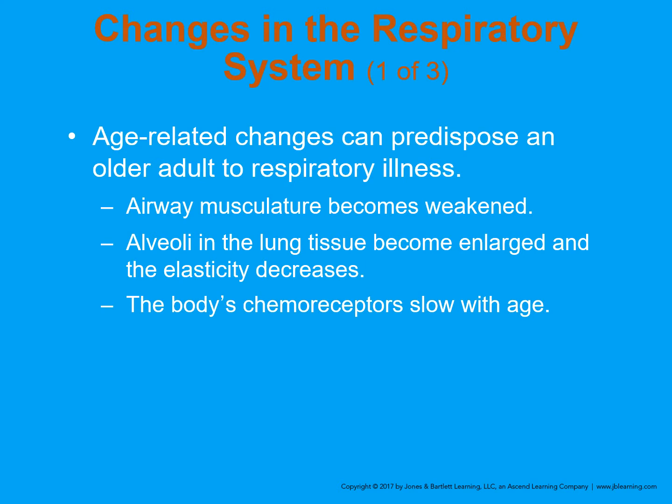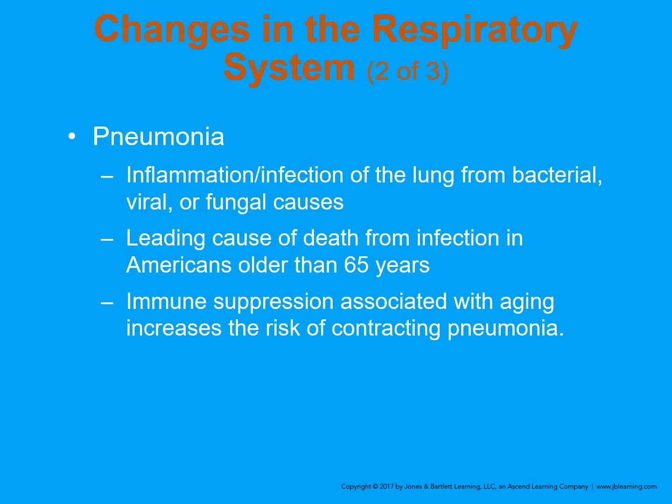The alveoli become enlarged. This is often emphysema, where they're bigger and less stretchy. And chemoreceptors slow with age as well. Pneumonia is inflammation and infection of the lung due to pretty much anything. Bacteria, virus, fungus.